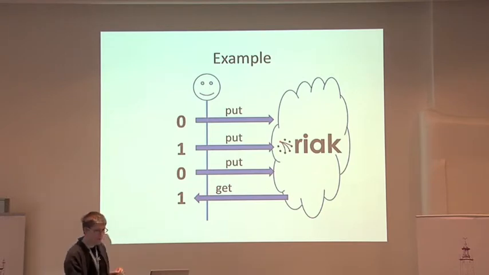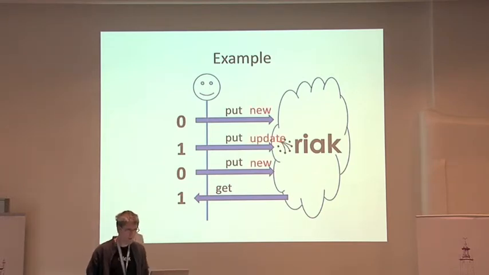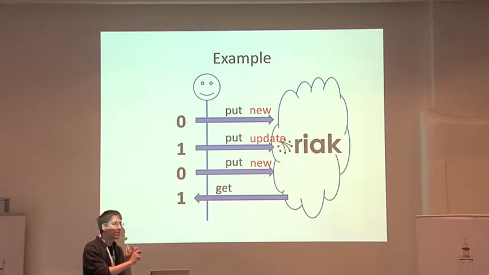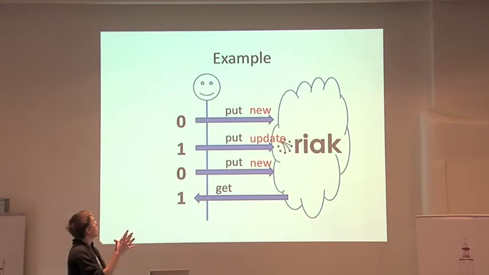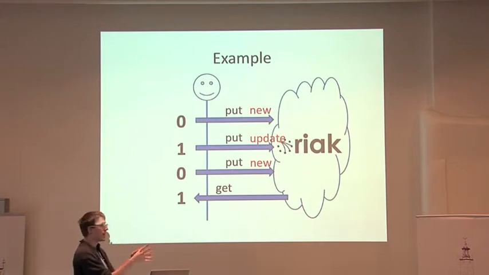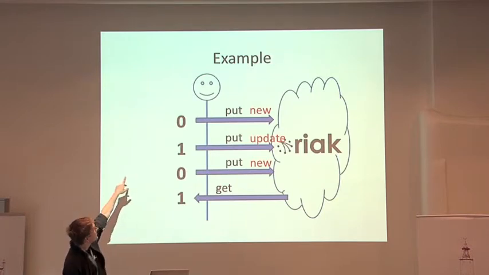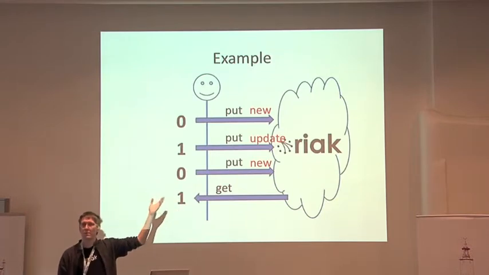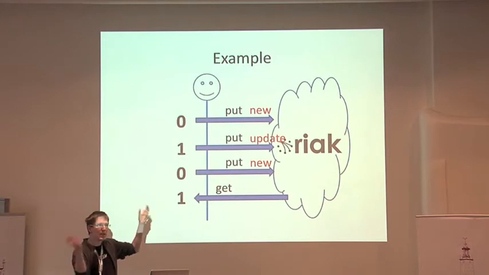But in fact, there's some more stuff going on. There are two ways you can put a value into Riak. You could either create a new Riak object and put it in the database, or you can use an old Riak object that you got from the database and modify it some way and then put it back. So in this case, the first put is a new one, of course, because we haven't seen any Riak objects.